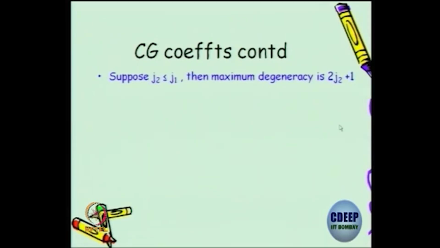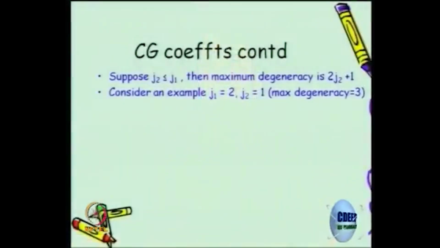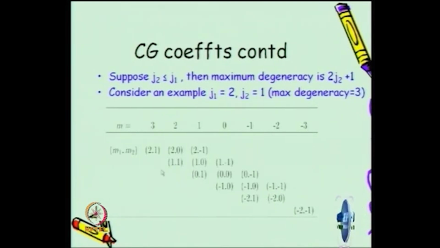These are checks which you can do. For example, let's take J1 to be 2 and J2 to be 1. This tells me that because J2 is 1, maximum degeneracy has to be 3. This would have said that degeneracy is 5, but when we try to write, we will not exceed the degeneracy of 3 as plotted here in this table.